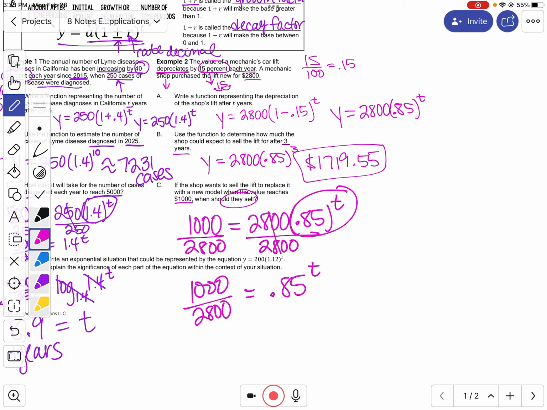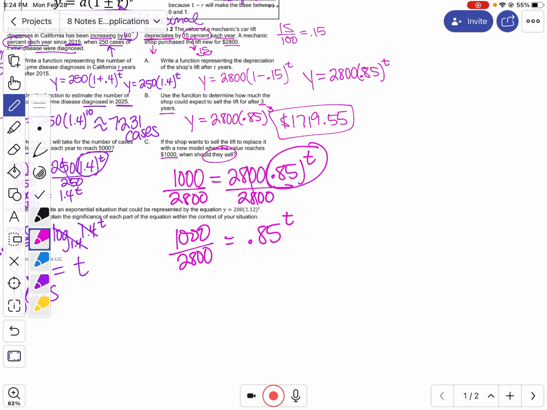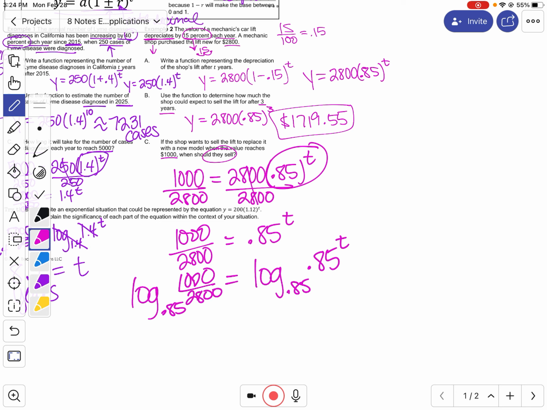So again, to solve this exponential equation, I would suggest taking the log and using the base of that exponential so it cancels out. So I would need to take the log of base 0.85 of both sides. Whatever I do to one side, I must do to the other. The whole reason I'm doing that is because this log base 0.85 cancels with this base of 0.85, so I'm left with t.